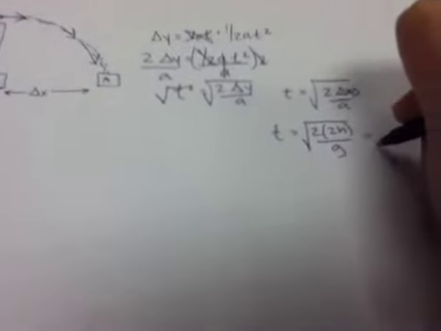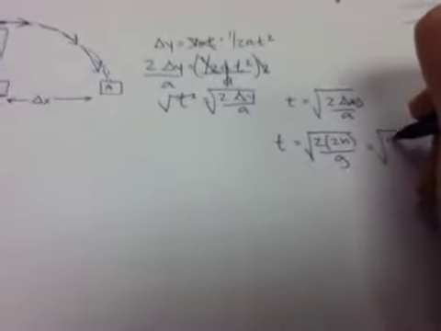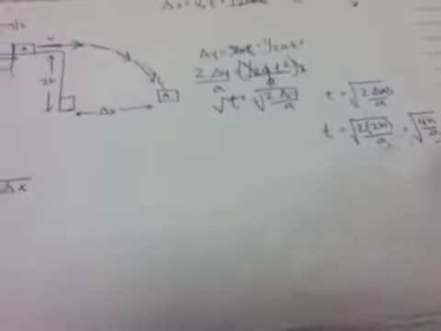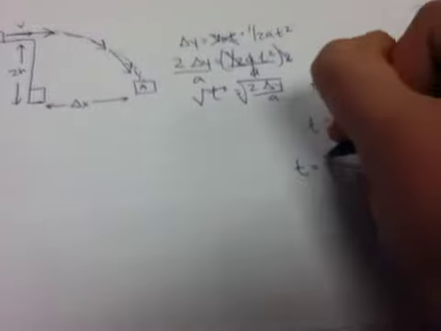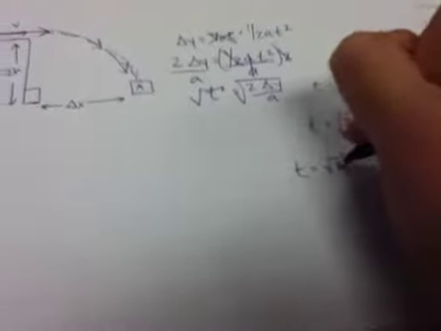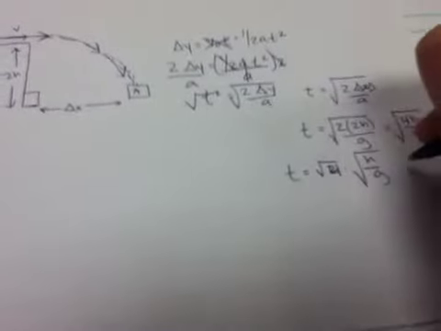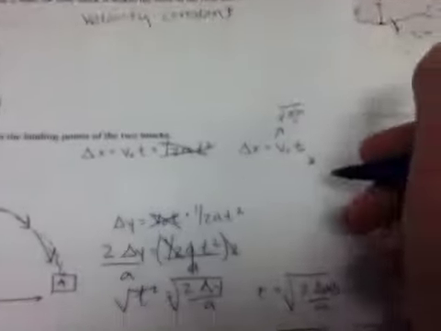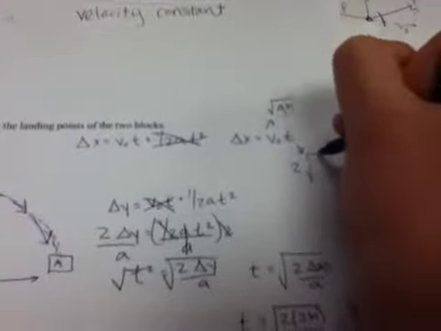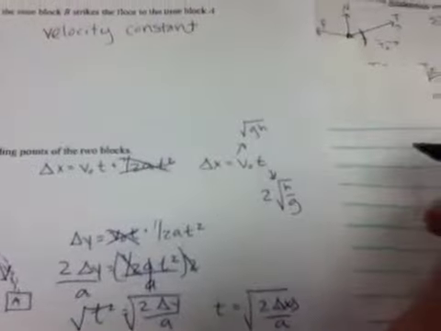So you end up with t equaling the square root of 4h all over g. But we can simplify that. t equals the square root of 4 times the square root of h all over g, and so we end up with 2 square root h over g. And so that's going to be our time, 2 square root h all over g.